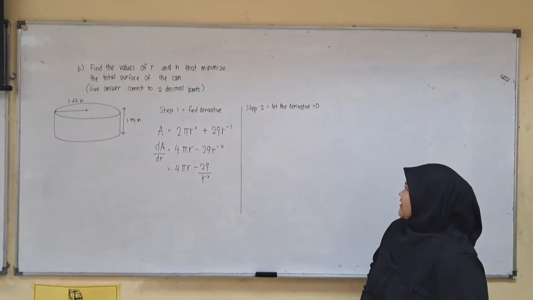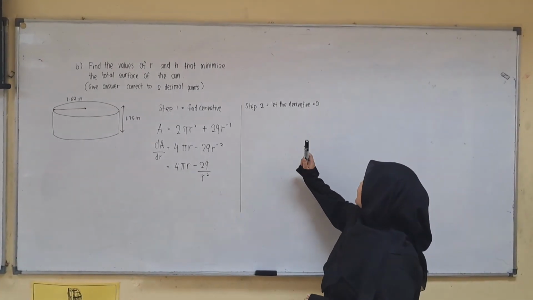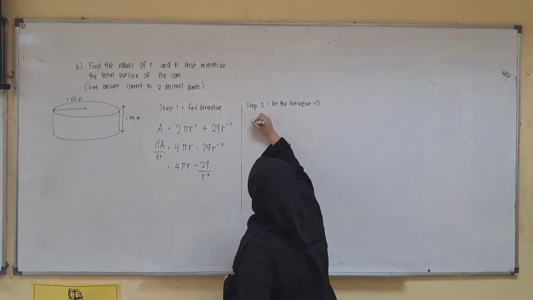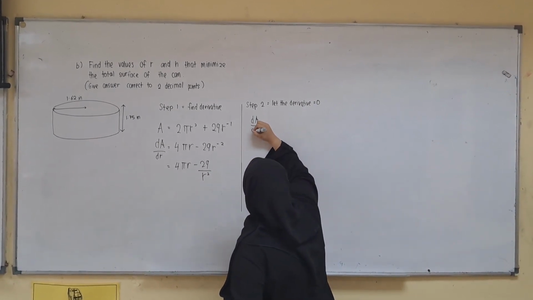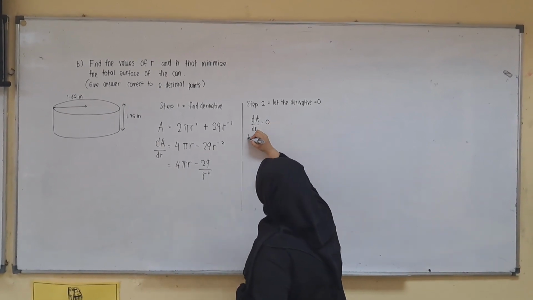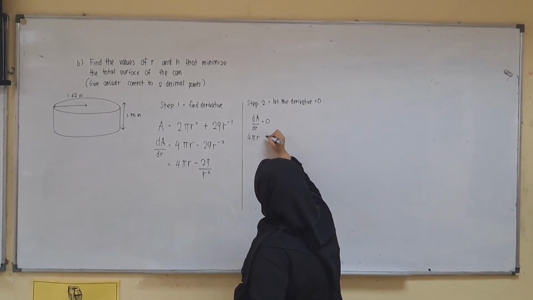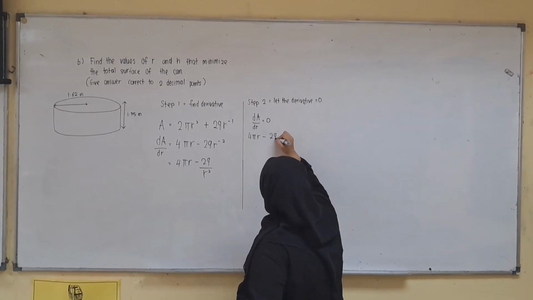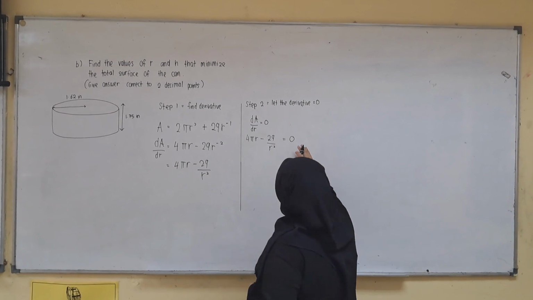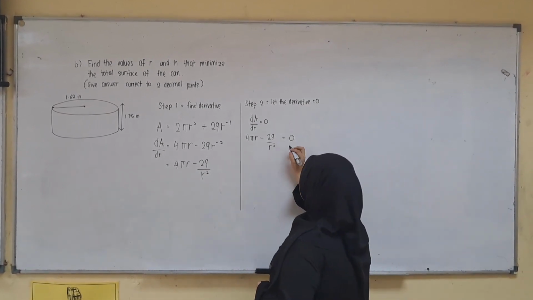Next, for the second step, we have to set the derivative equal to 0. So dA over dr equal to 0, which is 4 pi r minus 29 over r power of 2 equal to 0. From this, we can get r.